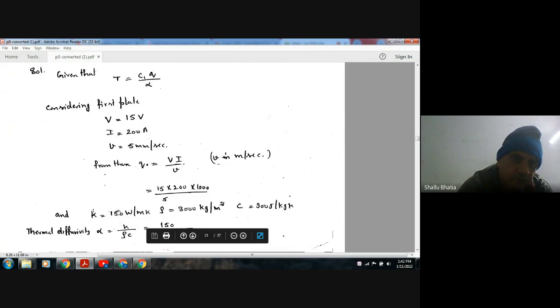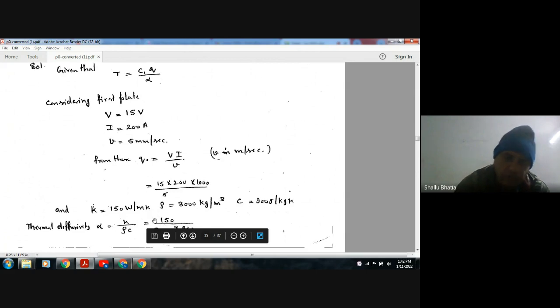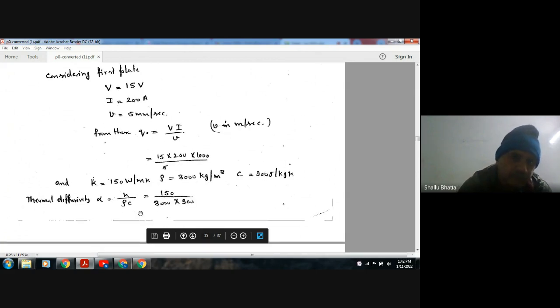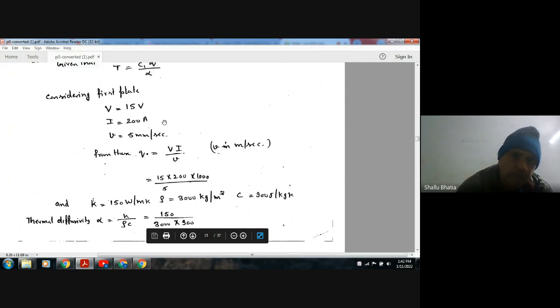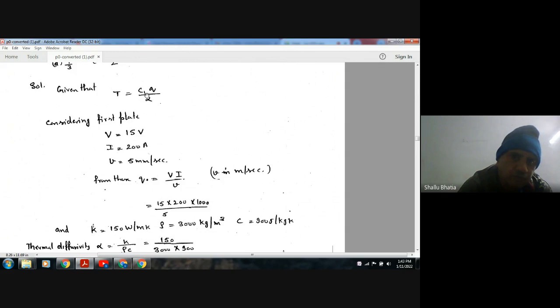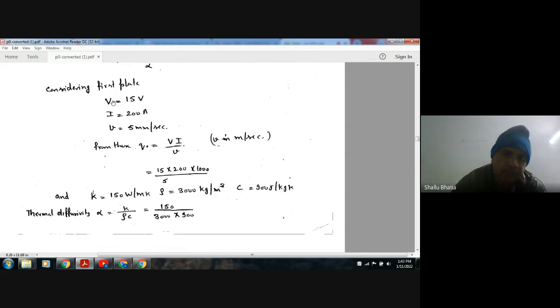Now other quantities are K = 150, rho = 3000 and C = 900, and we know the thermal diffusivity is K by rho C. So putting the values of K, rho and C, we get alpha. In this equation we have Q and alpha, so we can calculate T1.